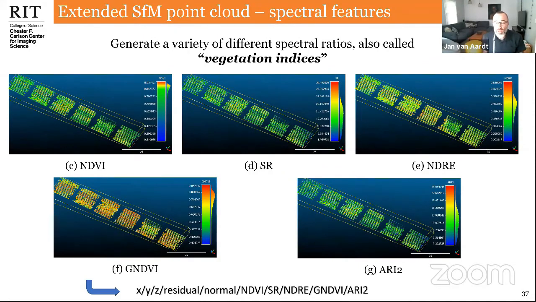So then, Faye could also, remember, I should back up, this structure from motion point cloud was extracted from a frame camera, specifically the MicaSense camera with 5 spectral channels. So this is an interesting angle to the whole structural analysis. He could extract structure from motion point clouds, but he could also extract vegetation indices like the very well-known normalized difference vegetation index, NDVI, the simple ratio index, etc., green normalized difference vegetation index, from the spectral information of the camera with which he extracted the structure from motion point cloud.